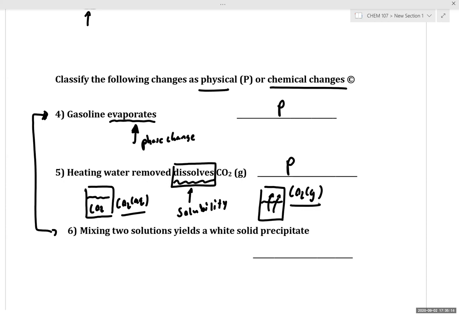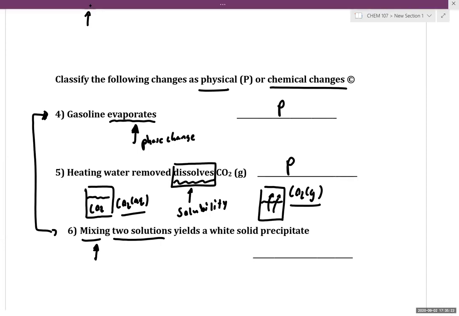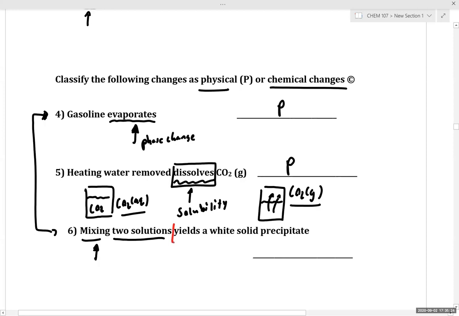Perfect. Now for our last example, mixing two solutions. We see the keyword of mixing, but let's keep reading this problem. Yields. So yield is another keyword that you may want to know. This is a key sign that you're dealing with a chemical reaction. And the real nail in the coffin in this example is that mixing these solutions yields a white solid precipitate.